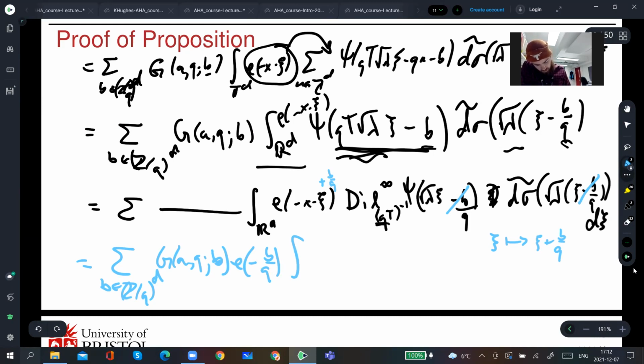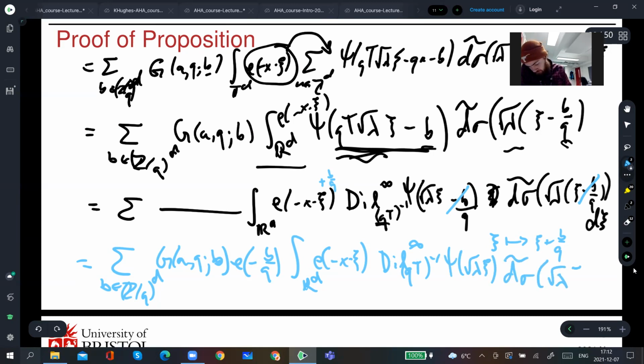An integral over R^d, e of minus x dot c, this dilated localization psi, and integrated with respect to c. Woo! Okay, getting somewhere.